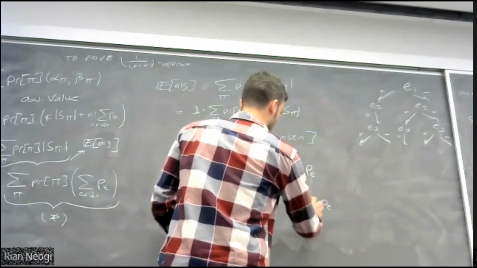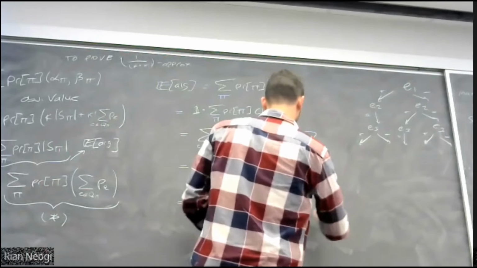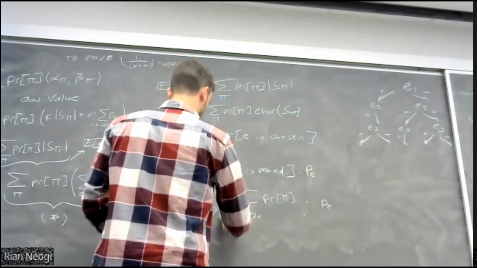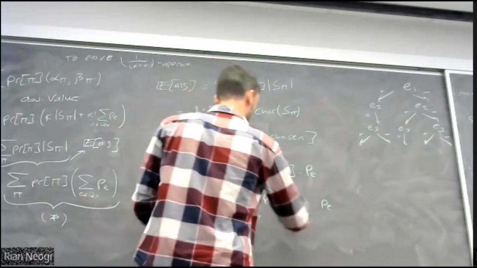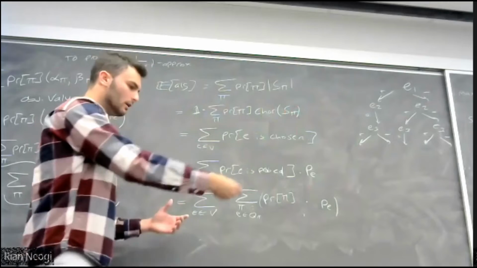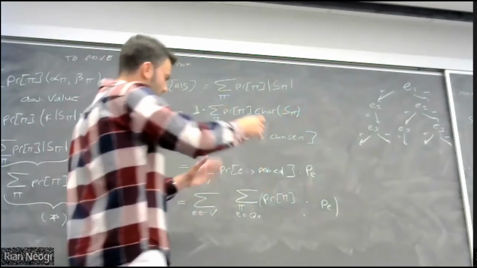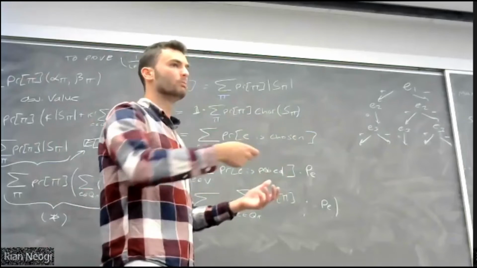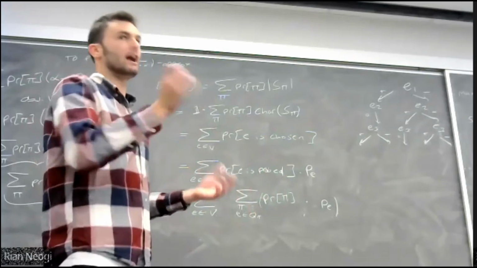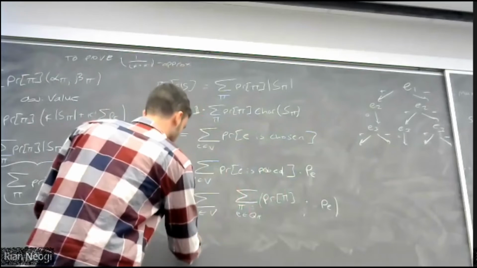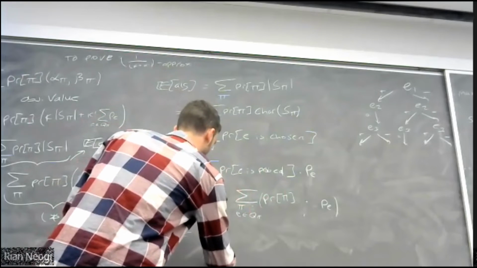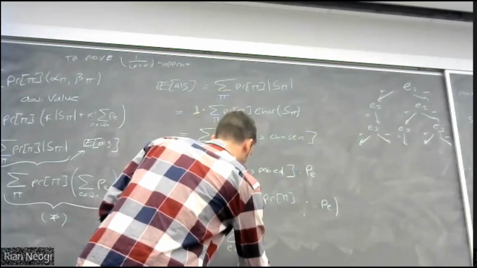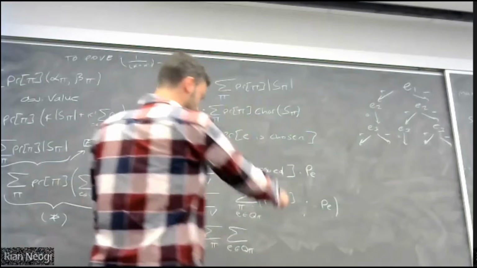Then I could put this in here and do the multiplication. So I'm summing over all pairs of elements and outcomes that probe that element. I could just do it in the other order: the sum over all possible outcomes, the sum over all elements probed by this outcome, of this same expression.